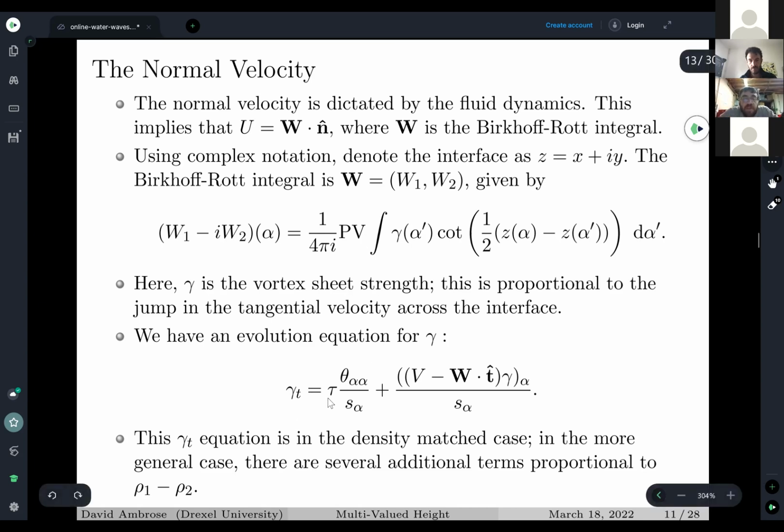Tau is the constant surface tension parameter. And then you get a term just related to the fact that we're using a non-Lagrangian parameterization. W dot T is the Lagrangian tangential velocity, and V is our tangential velocity. So you get a transport along the curve related to that. So this is the gamma t equation if the two fluids have the same density. There are more terms here proportional to the jump in density, which I didn't write, just for simplicity. We can deal with that case, and we can deal with all those terms.